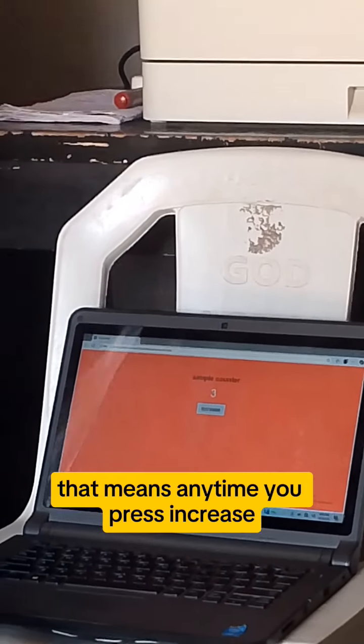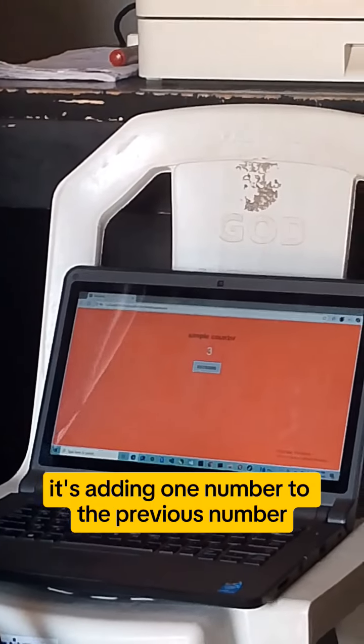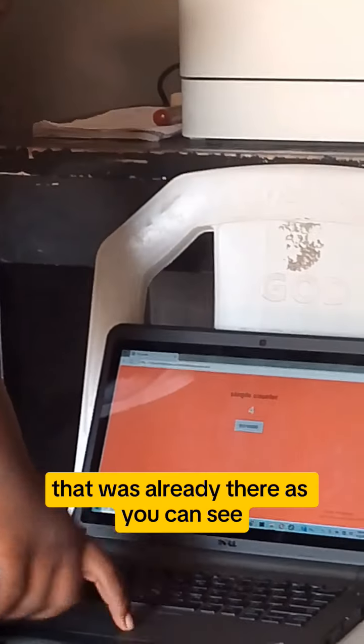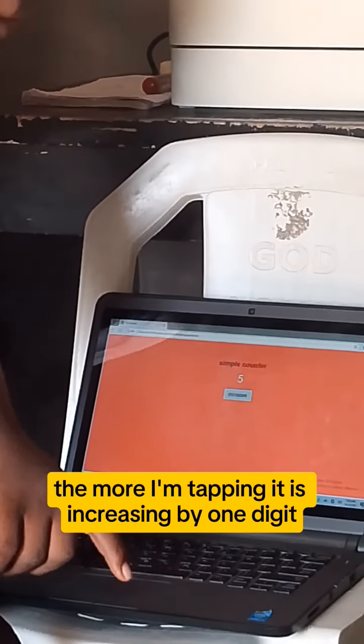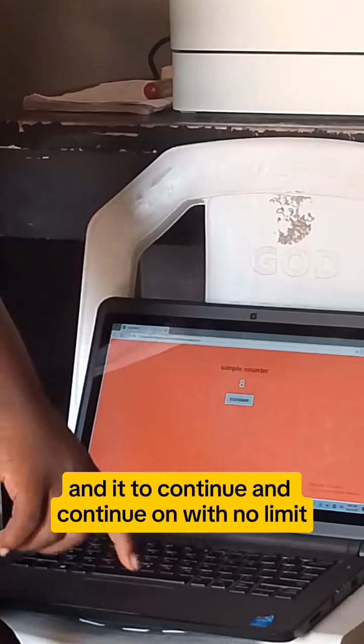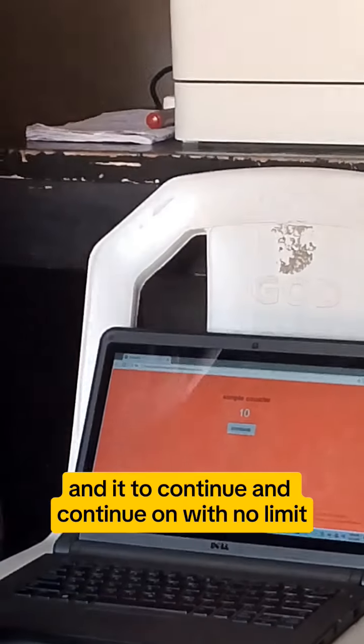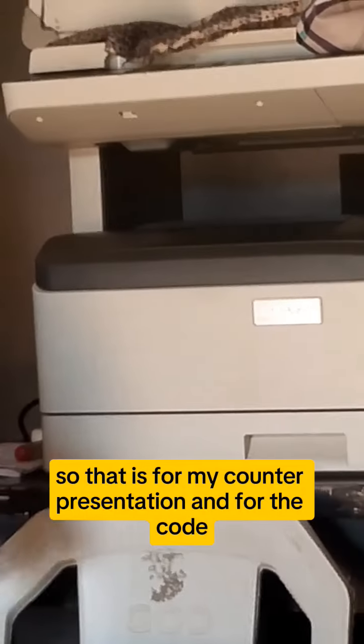That means anytime you press increase, it's adding one number to the previous number that was already there. As you can see, the amount of tapping it is increasing by 1 digit, and it will continue and continue with no limit. So that's for my counter presentation.